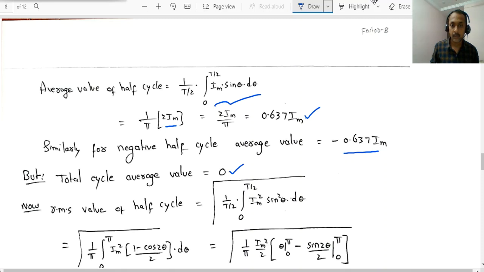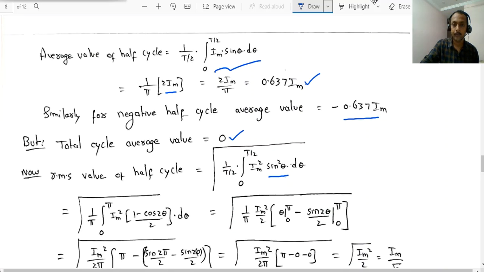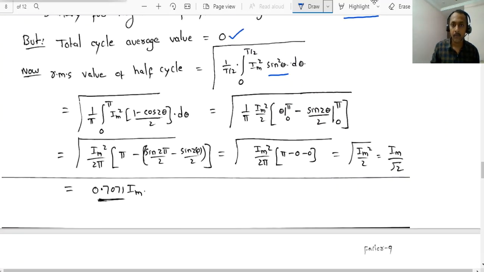Now similarly, the RMS value for a half cycle: 1 by T by 2 integral 0 to T by 2, half of the time period, Im square sin square theta. Observe, again we got the sin square term here. We will simply write it in the form of 1 minus cos 2 theta by 2. Just simply we are expressing sin square theta in terms of 1 minus cos 2 theta by 2. And we apply the limits.